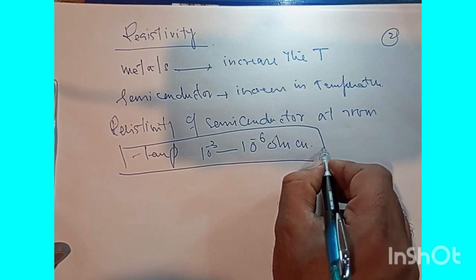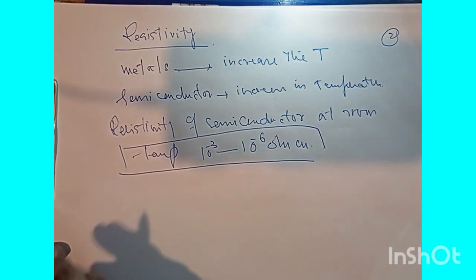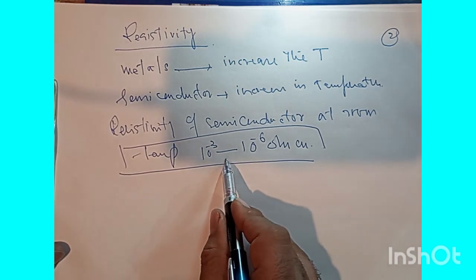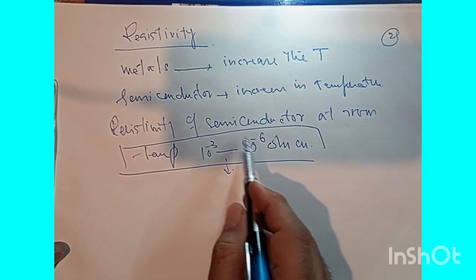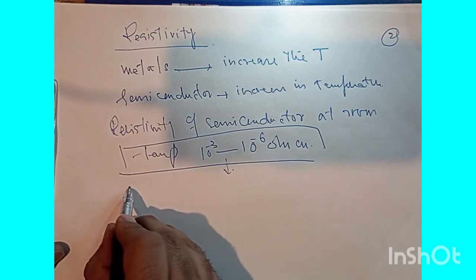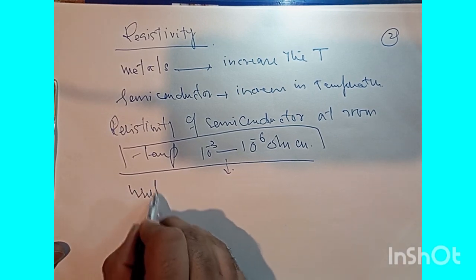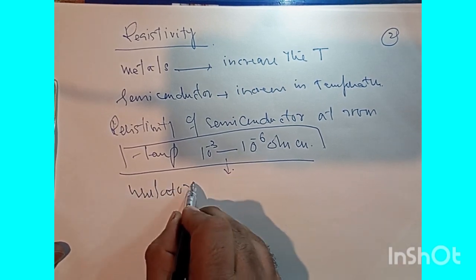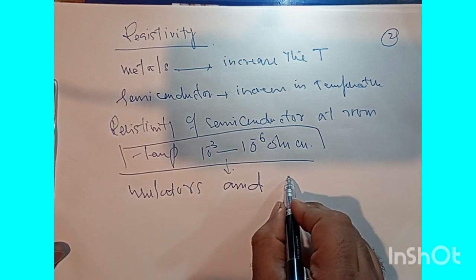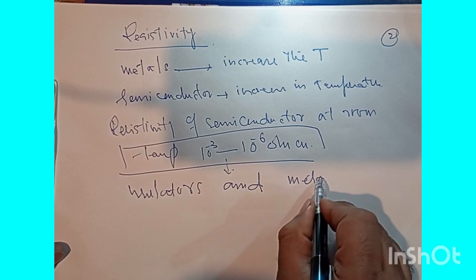On average, this value is in the middle between insulators and metals.